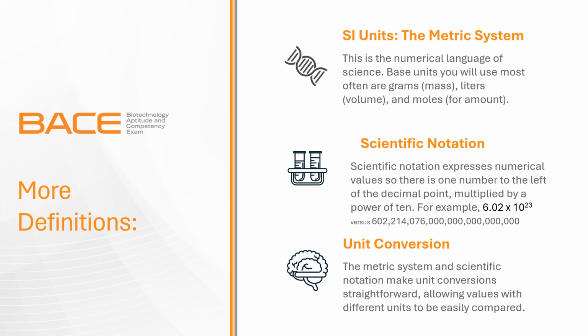For example, instead of writing 602,214,000,000,000,000,000, when we are talking about the number of atoms in a mole, we can just write 6.02 times 10 to the 23rd. The metric system and scientific notation go hand in hand, making unit conversion straightforward. They help you set up equations so that the units will cancel when you multiply through.